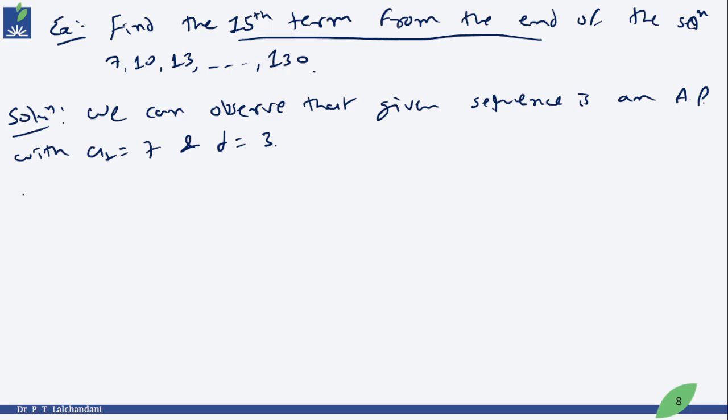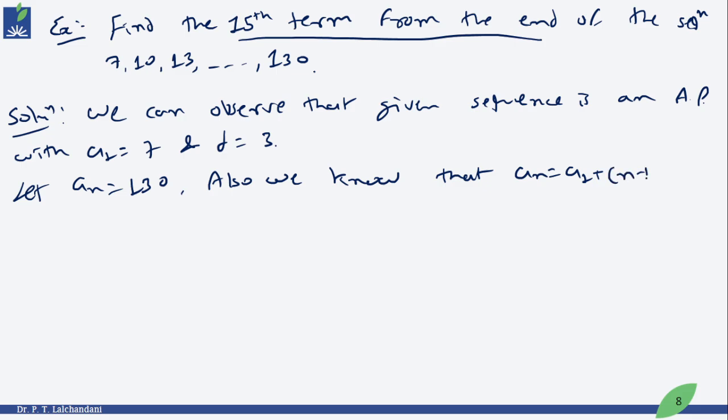So for that, let a_n be equal to 130. Also, we know that a_n is equal to a_1 plus (n minus 1) d. Now you have the value of a_n, a_1 and d. Put and simplify, you will get the value of n. So a_n, that is 130, is equal to a_1, that is 7, plus (n minus 1) d, and d is equal to 3.